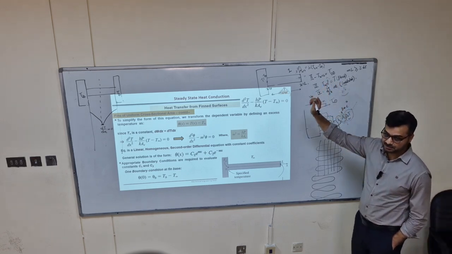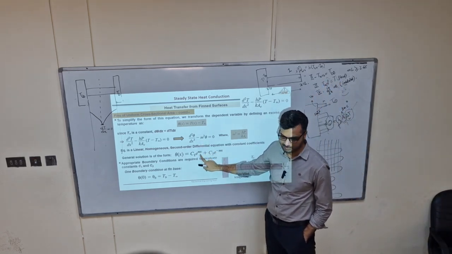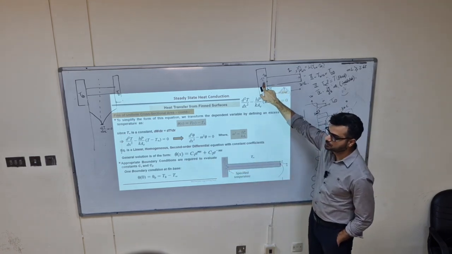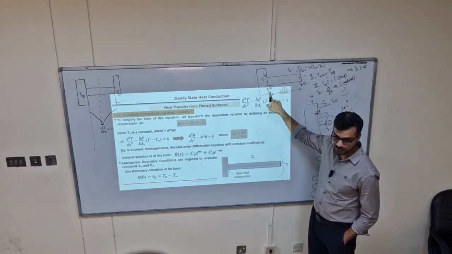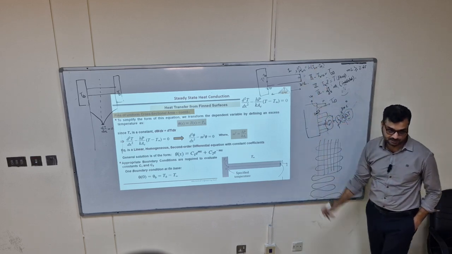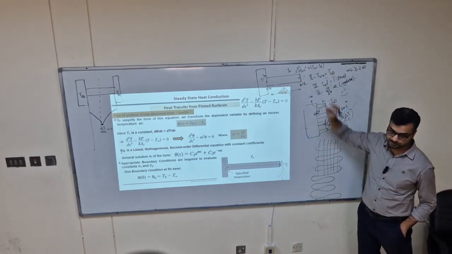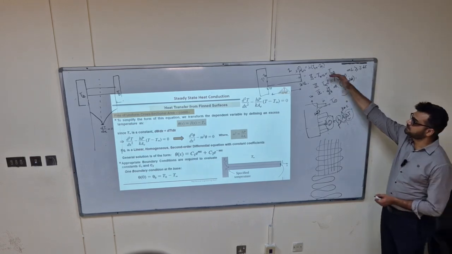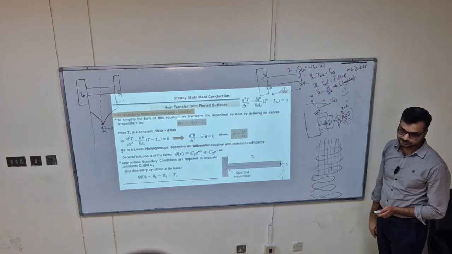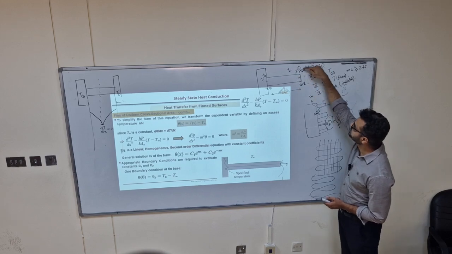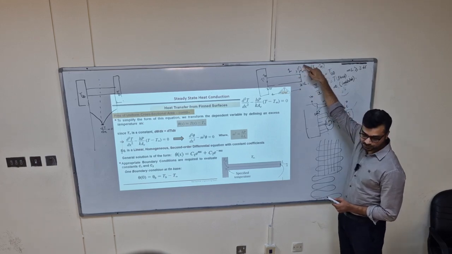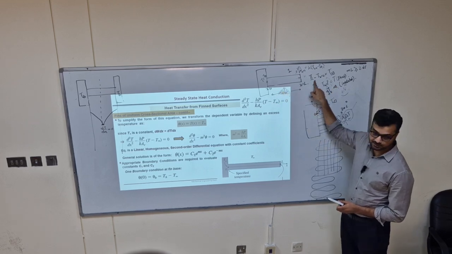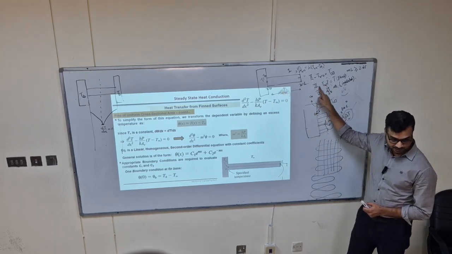So that's why this fin equation can be solved for one particular boundary condition at x equal to 0, but four different possible boundary conditions at the tip. For each case, you will have a different equation. If you solve it using the first type of boundary condition at the tip, then you solve it again for the second type, third and fourth.